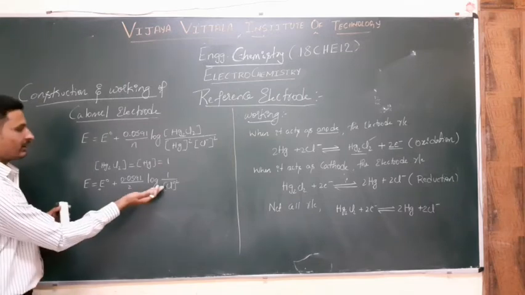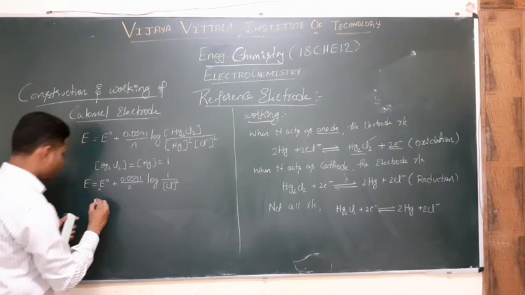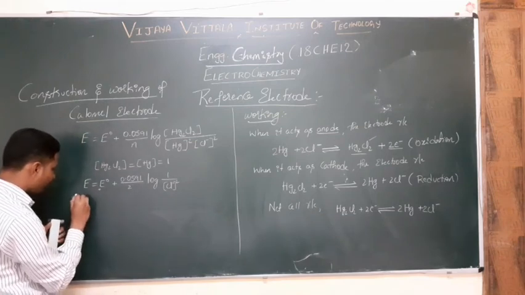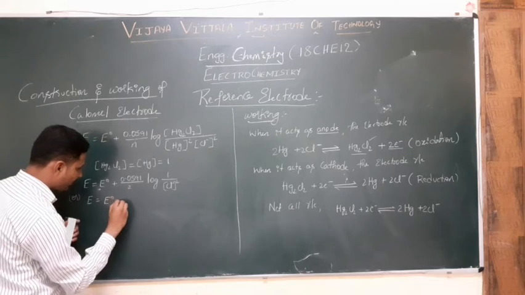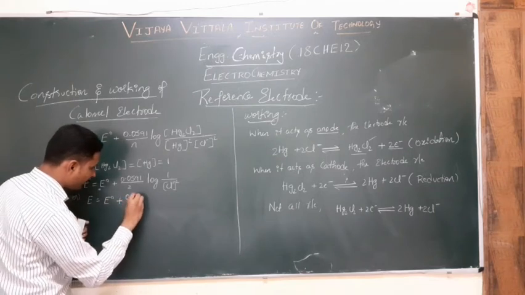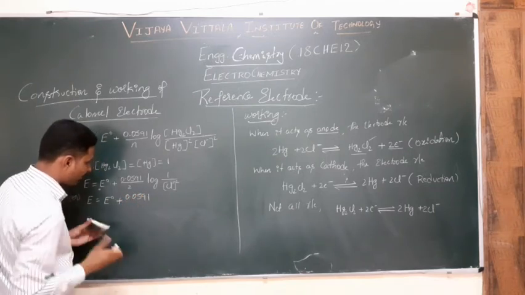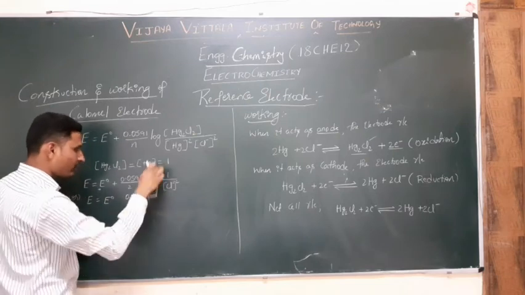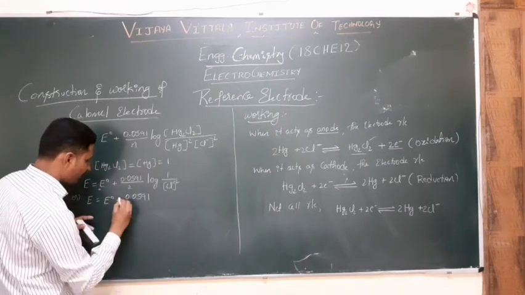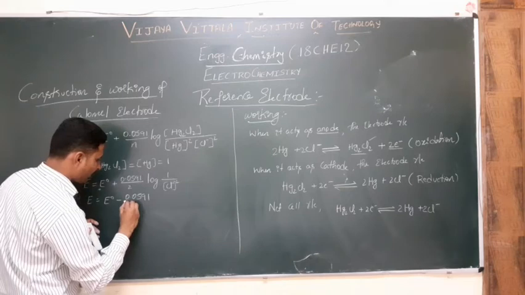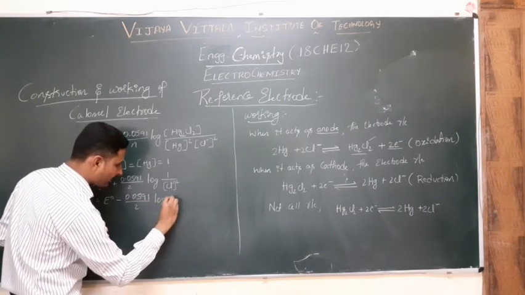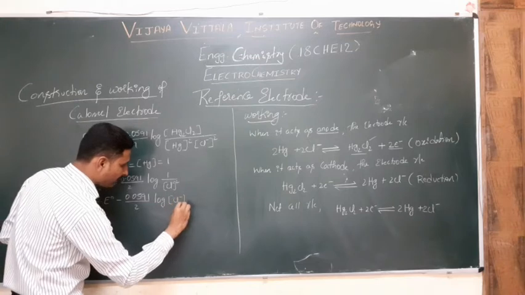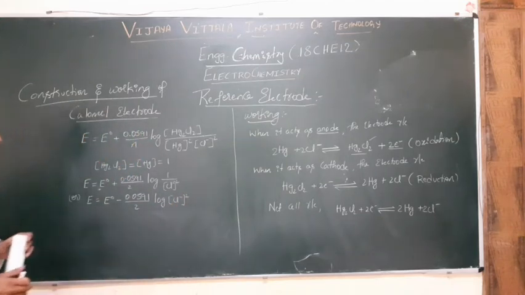When you take this into the numerator, we can write E is equal to E naught minus 0.0591 divided by 2 into log of the molar concentration of Cl minus squared. When it goes to the numerator the sign changes. Understand here?